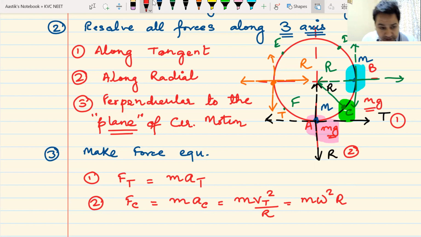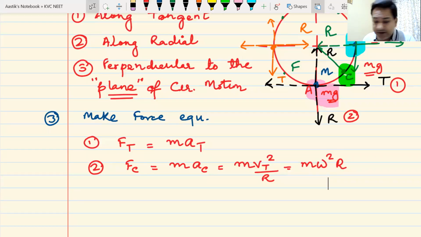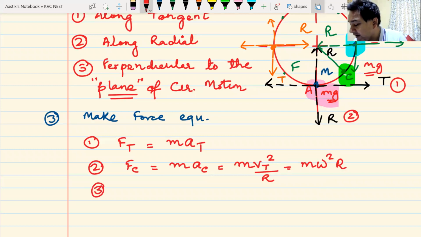Now, coming to point number 3. Point number 3 is the perpendicular direction. Now, with some common sense, you can tell me how will the equation along perpendicular direction look like? Again, you have to use your brains.